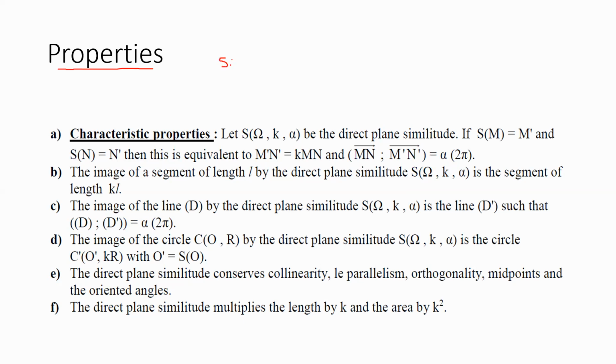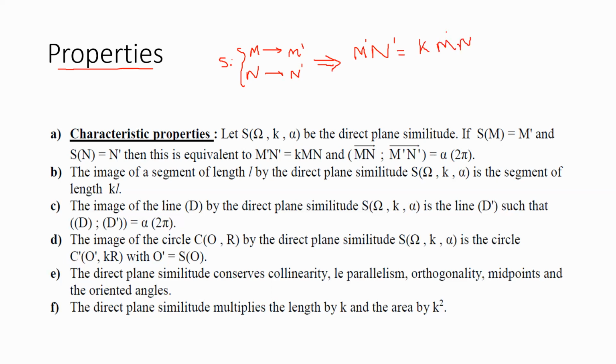If I have S, M, the image of M is M prime, and the image of N is N prime, what relations I can write? M prime N prime equals K times MN. M prime N prime، الimage equal KMN.